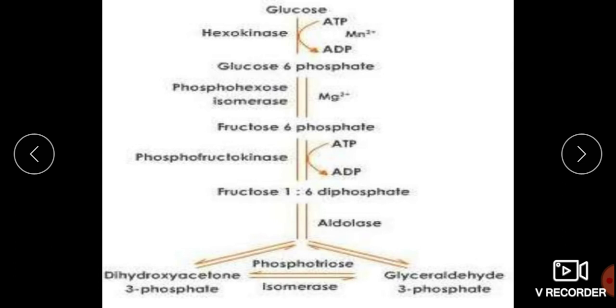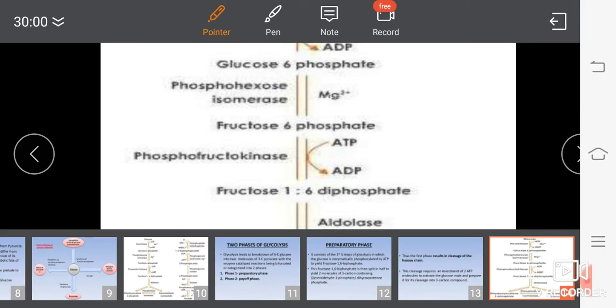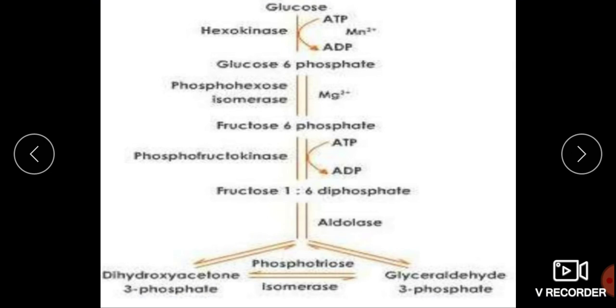This compound further splits into two similar compounds, that is dihydroxyacetone phosphate and glyceraldehyde 3 phosphate. These two compounds contain 3 carbon atoms and 1 phosphate molecule each.